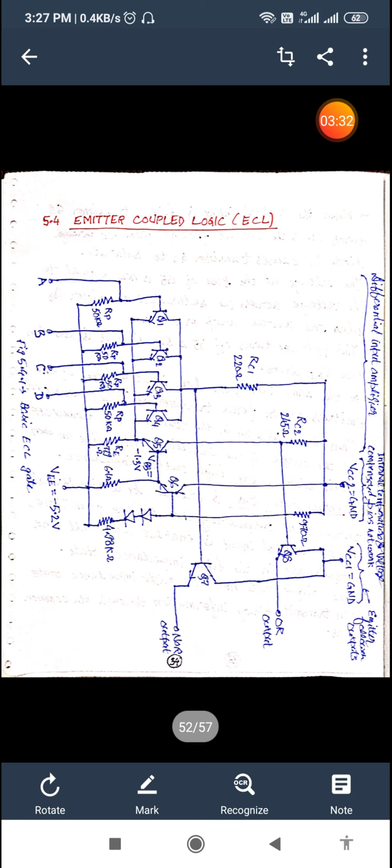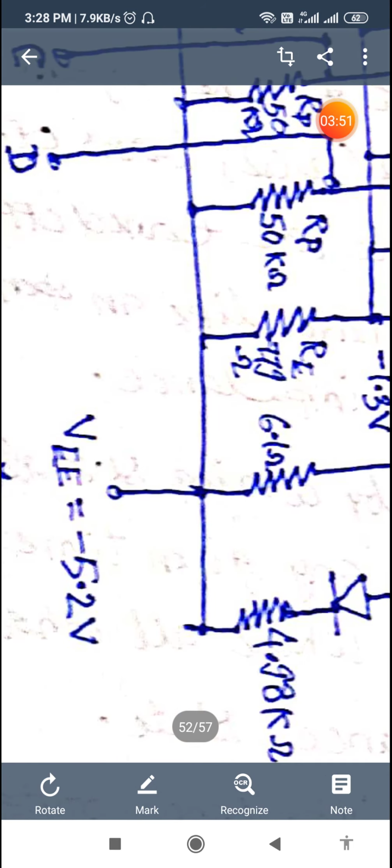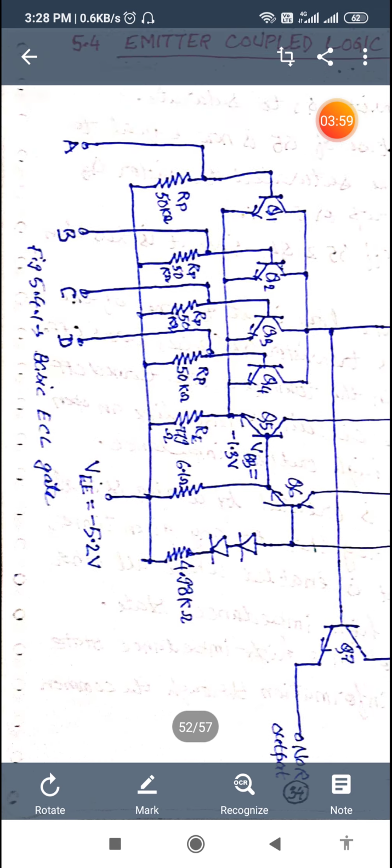Now, any one of the power supply inputs, whether it is VEE or VCC, could be used as ground. However, the use of the VCC node as ground and VEE at minus 5.2 volt results in the best noise immunity. Now see how the ECL works.